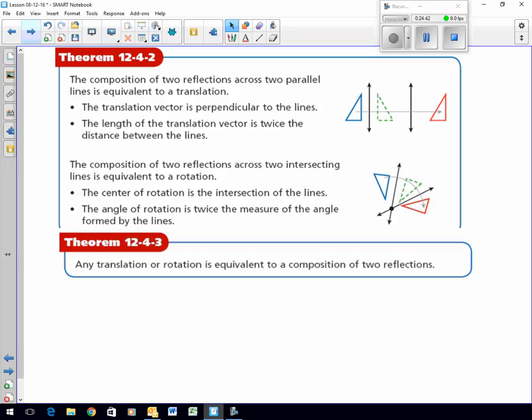Any statement down there at the bottom probably is worth writing down. Any translation or rotation is equivalent to a composition of 2 reflections. That's the part that you gotta remember.